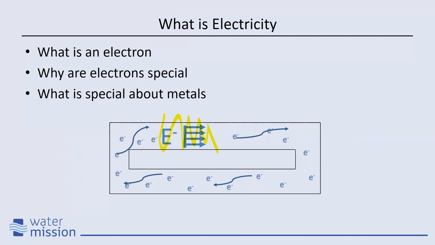Now, something I want to point out here is water and electricity behave in a very similar manner. Water can be described using pretty much only two parameters when we're talking about water in a pipe system. We'll describe the pressure of the water within the pipe, and we'll describe the flow rate of the water in that pipe.